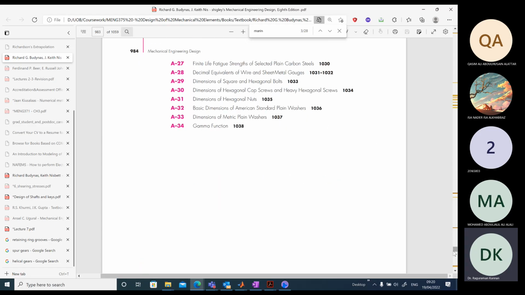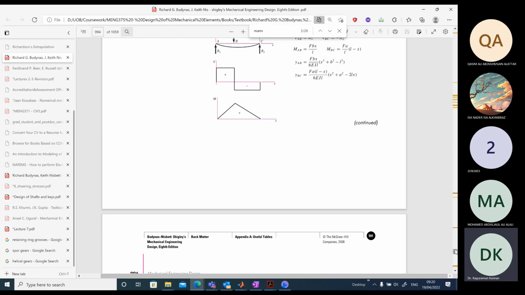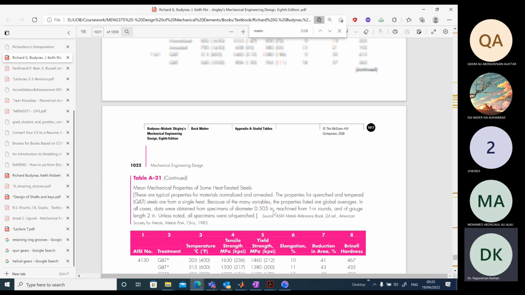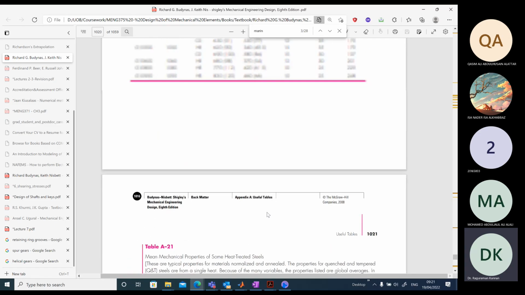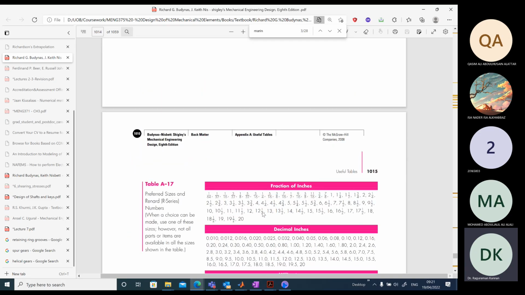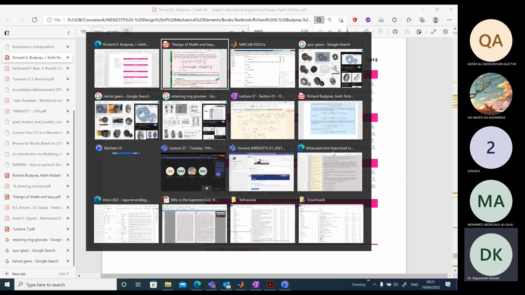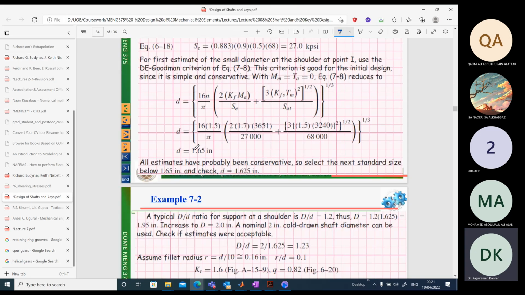A17. Go to table A17, and usually this gives you all the preferred sizes. So you have 1.625 or 1.65, I guess, according to our calculations.